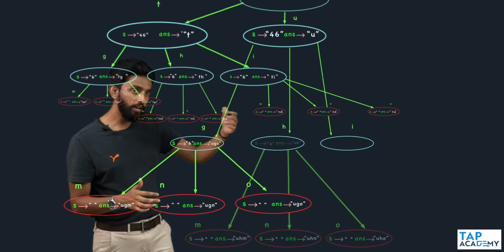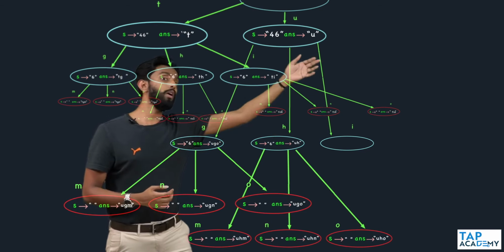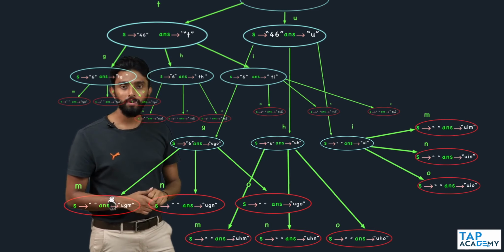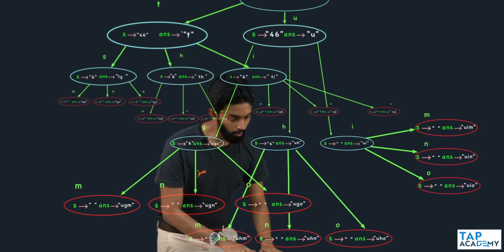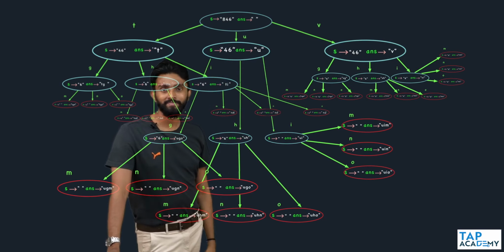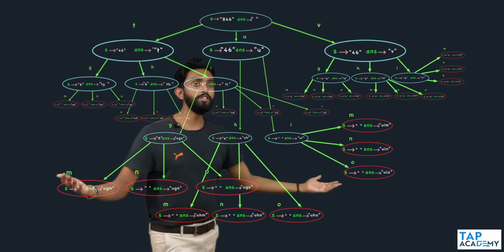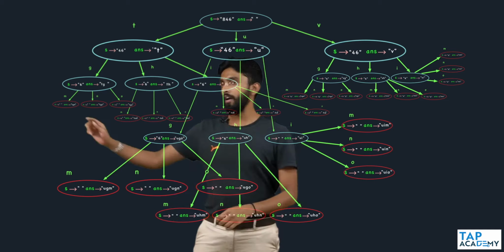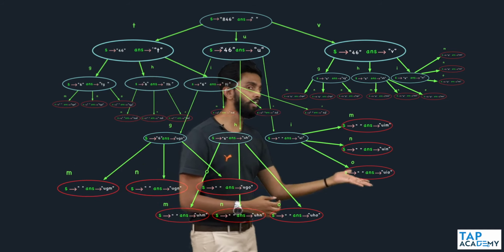Similarly, would you agree that this part will also work? So see, I am just generating the tree for you. Similarly, would you agree that this entire part will work? See, the tree is getting built. Any confusion till here? This is your recursion tree. And all these are your base conditions.